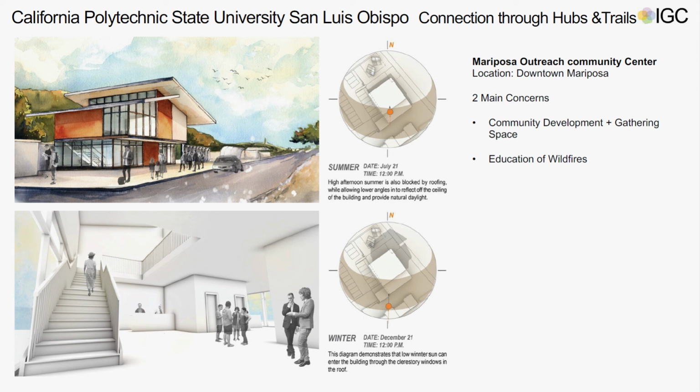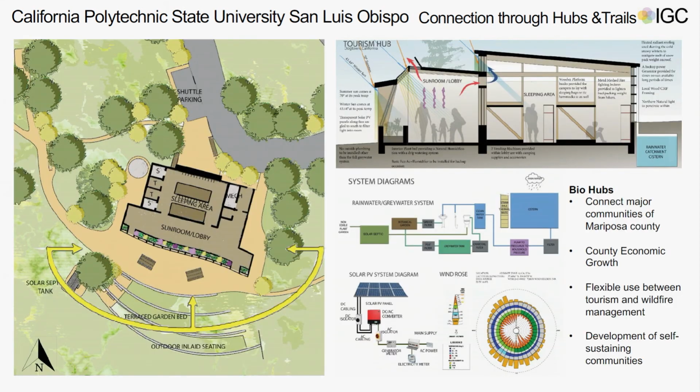And something that was really taken into account with this part is the aesthetic aspects, and that was really heavily considered in order to incorporate the rural vernacular, which is really important in Mariposa County, with something that's a little more attractive to visitors. So this is another aspect of our design which provides a unique experience for visitors to experience Mariposa County in a natural setting.